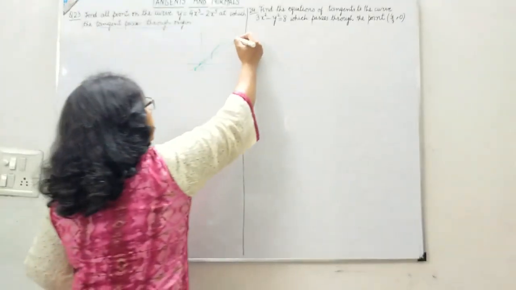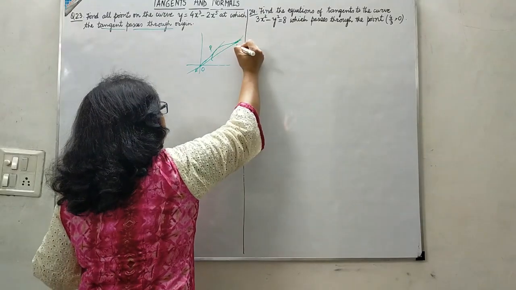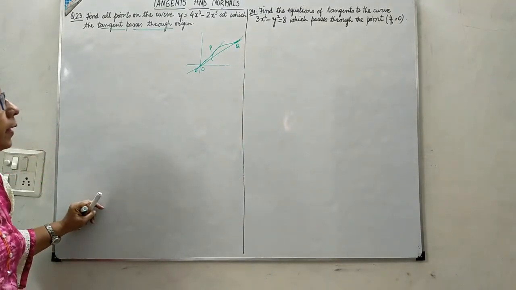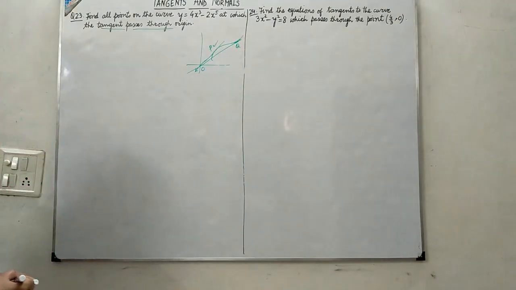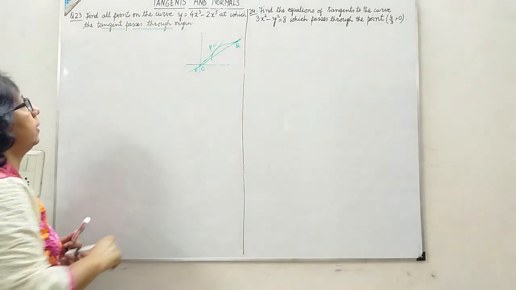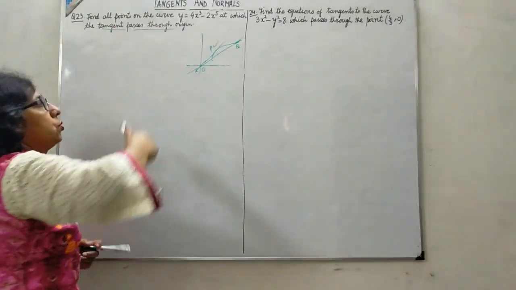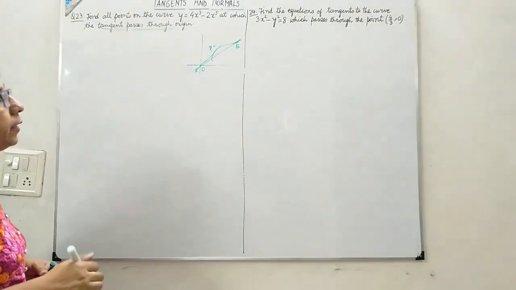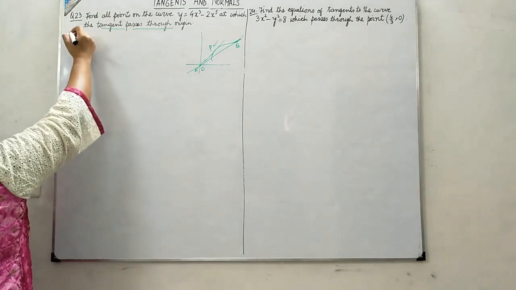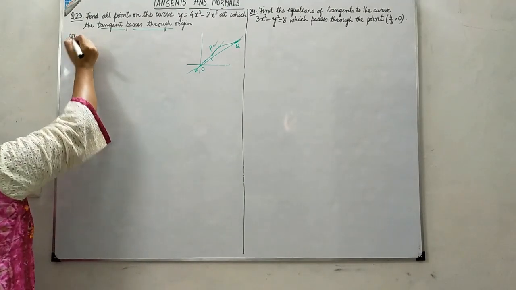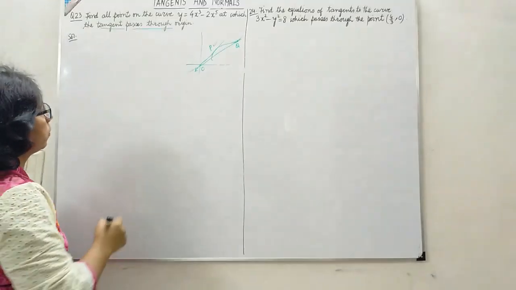We are not given such points of contact. Right? So I again assume the point of contact be x1, y1 and apply the condition that the tangent passes through origin. So we will first find the equation of tangent and we will make it pass through origin. Let us do it and then we will come to know how we are to go about this question.